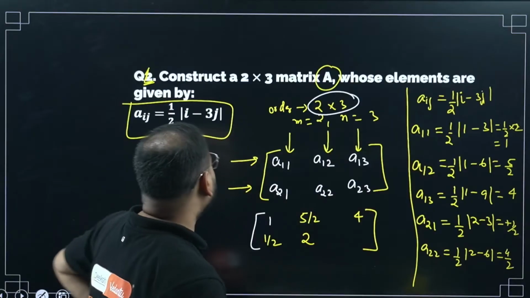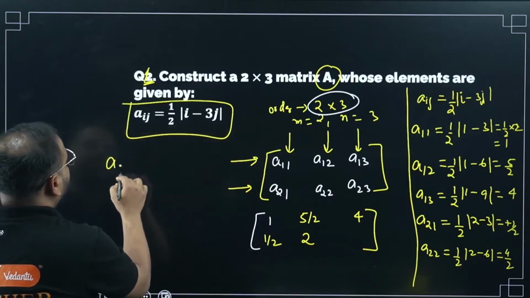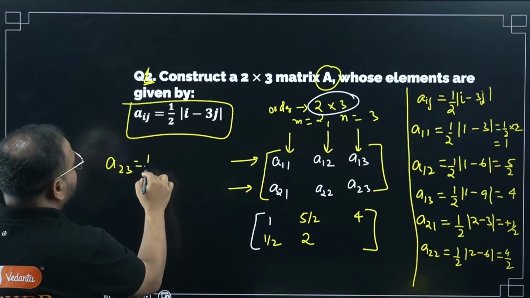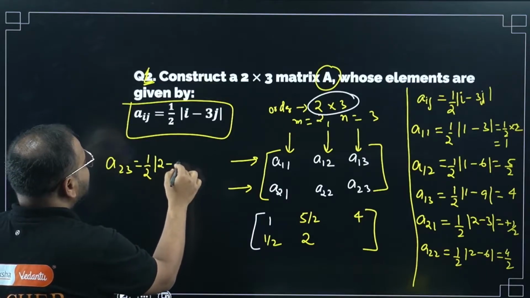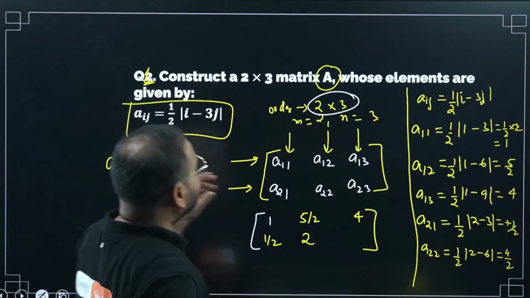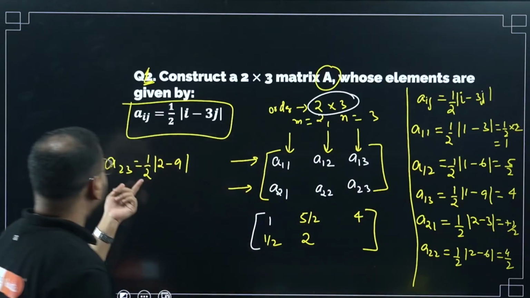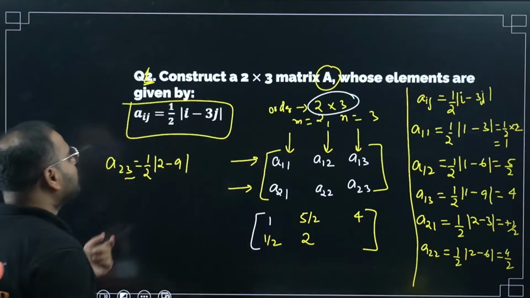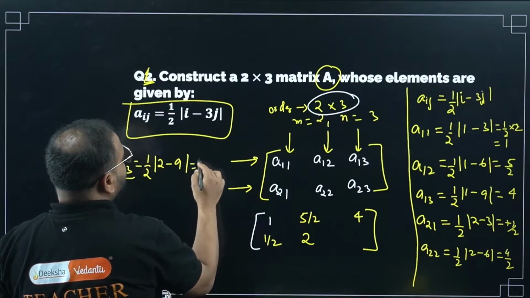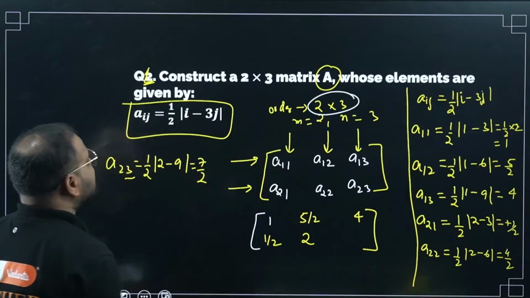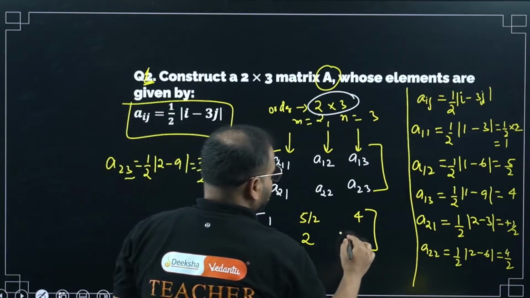What about A23? 1 by 2 mod of 2 minus 9, correct sir, because 3j is there. 3 into 3 makes 9. 2 minus 9 is minus 7, which makes plus 7 by 2. That is this element.